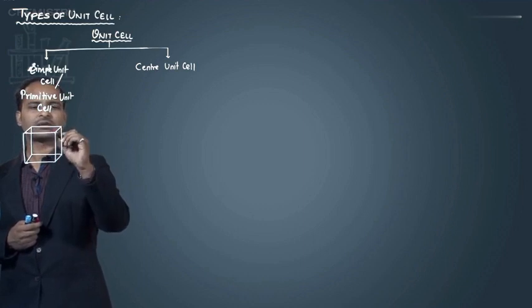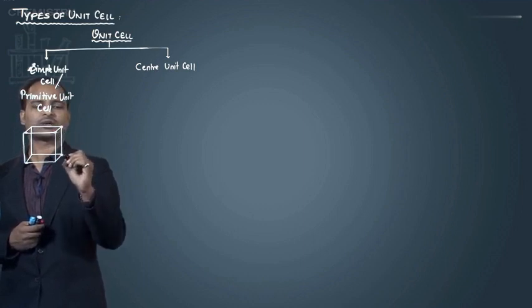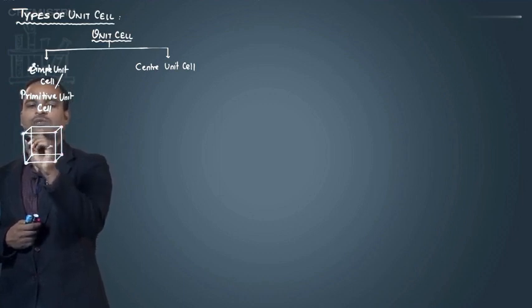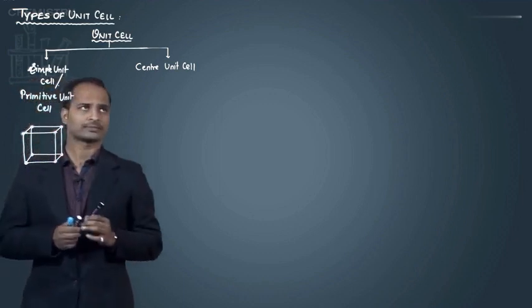So this is the unit cell, and the particles are represented by the dots. These are the particles which are present on the corners.